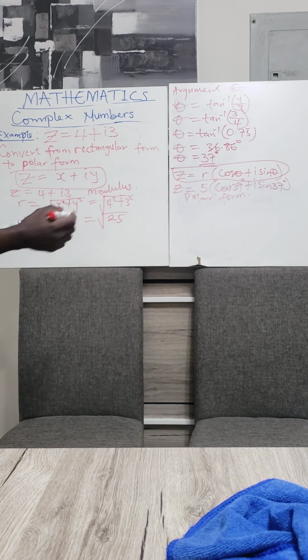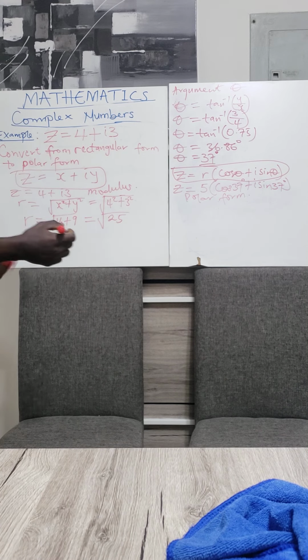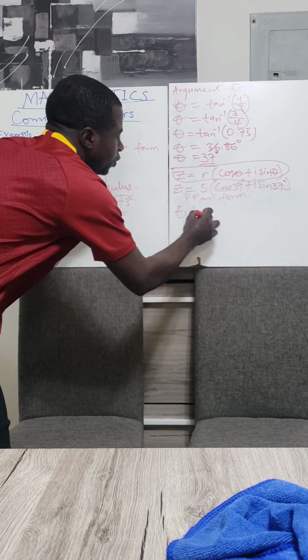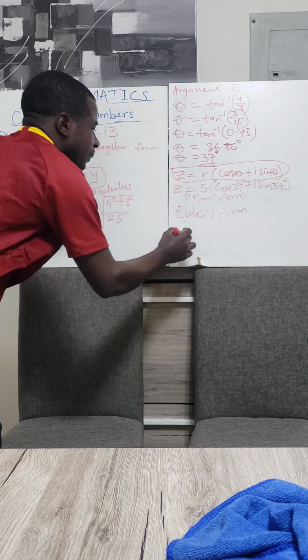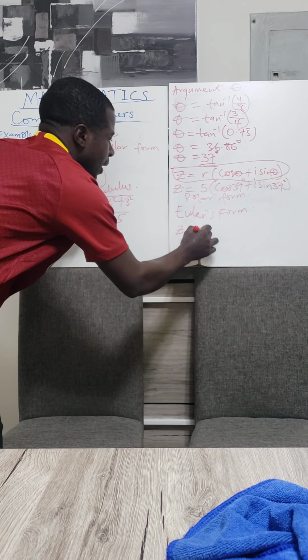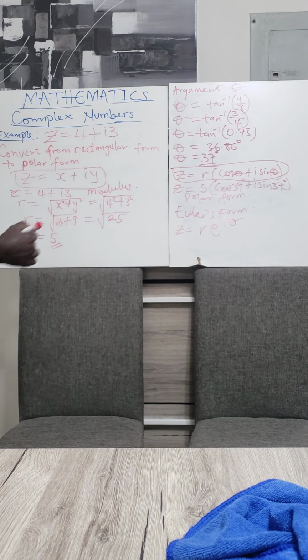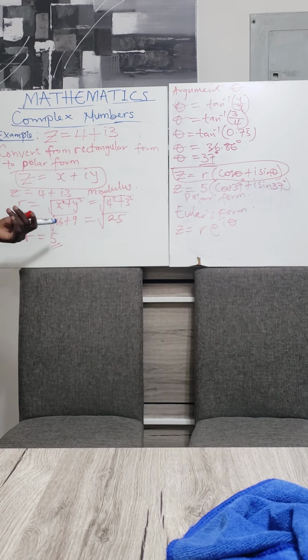Also, in a situation whereby you are asked to convert from rectangular form to Euler form, just apply this formula: z is equal to r exponential i theta. Substitute appropriately, and that is the final answer.